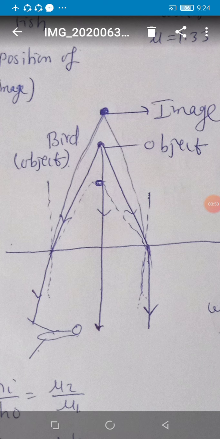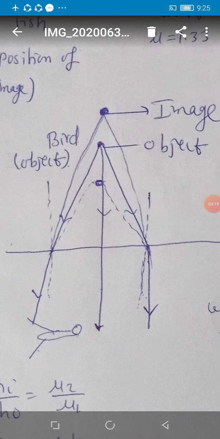So got the idea, student, what has been explained? In the second case, the observation was from the denser medium, and the object was in the rarer medium, so he is seeing the image a little higher.